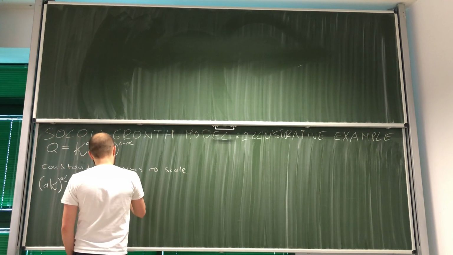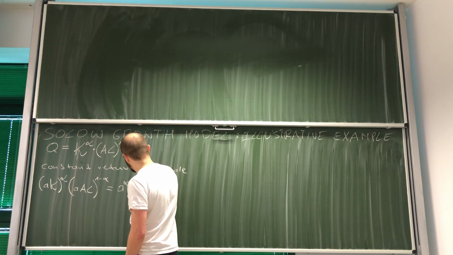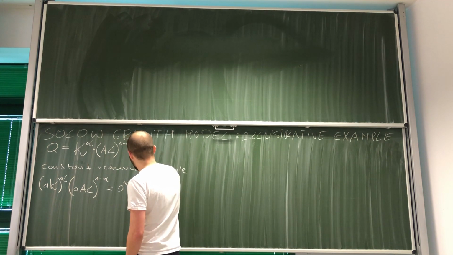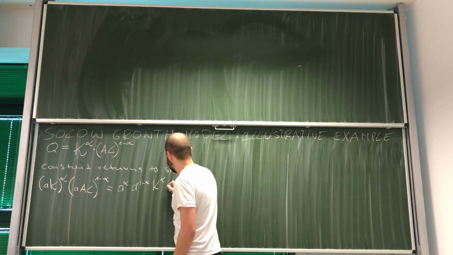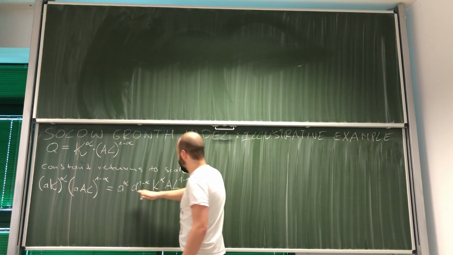We would have A to the power of alpha times A to the power of 1 minus alpha times K to the power of alpha times AL to the power 1 minus alpha.